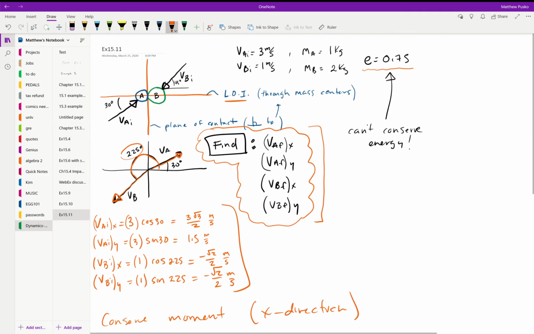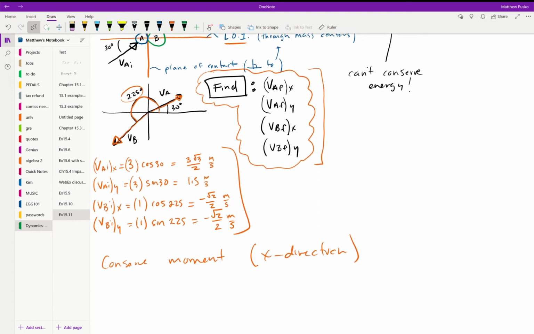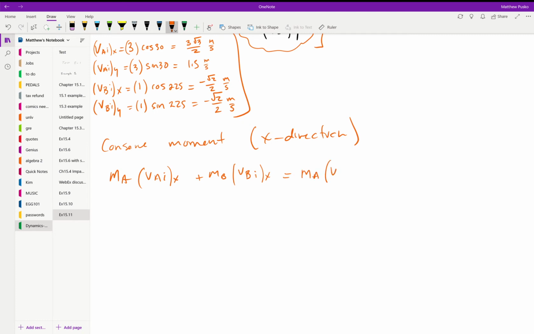If we look at the problem, we have mass A times the velocity of A initial in the x direction, plus mass B, we're looking at the whole system, times the velocity of B initial in the x direction, and that's going to give mass A some new velocity in the x direction and mass B some new velocity in the x direction.